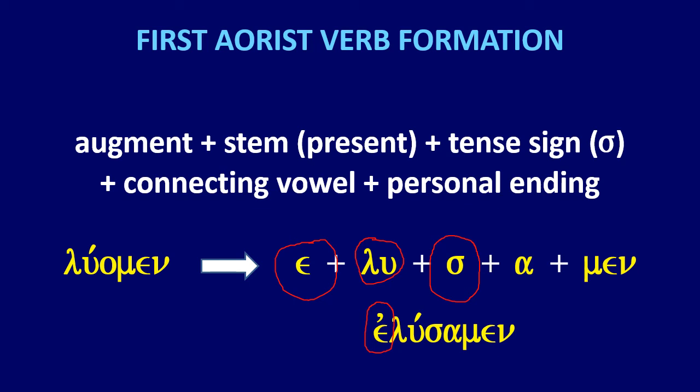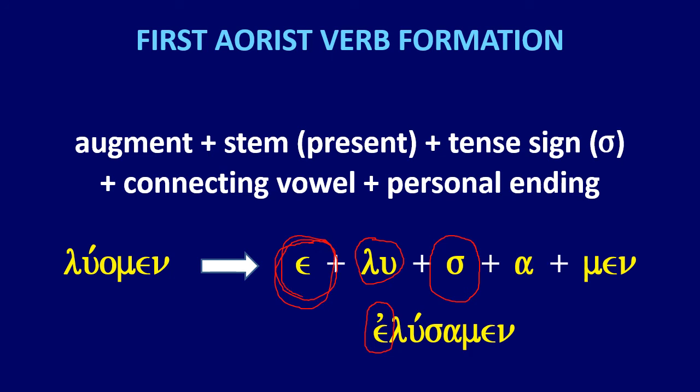When you see that embedded in a word, that's a clue to look for that now you're looking at an aorist tense verb as opposed to a present tense or imperfect tense. Now you have to be careful with that because the future tense sign also is a sigma in many cases. The future tense, however, doesn't have the augment at the beginning, so that's another clue.